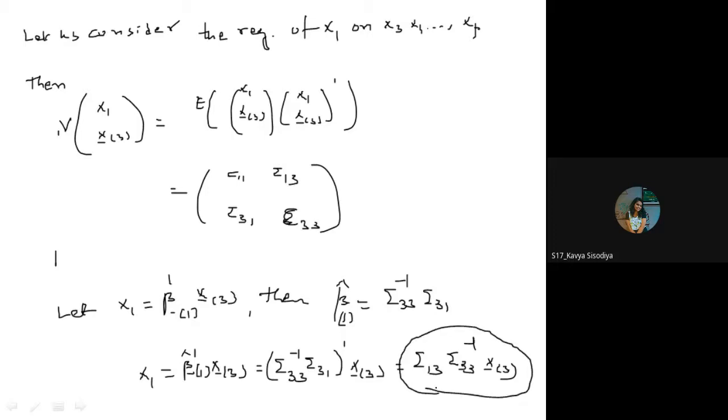Now similarly, what is the residue? We obtained the residue in the multiple correlation. The residue, which we denote as x1 dot 3 4 up to p, is the regression residue of x1 on x3, x4 up to xp.